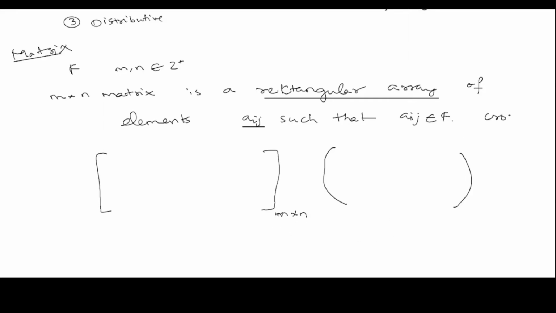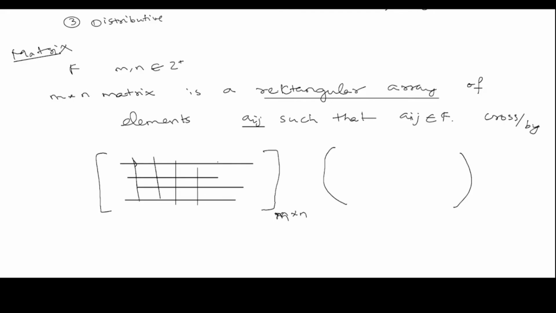It's cross or by, it's up to you. It's nothing big. So what is m here? It's a combination of rows and columns. That is a rectangular array.